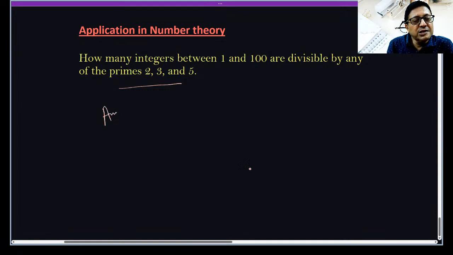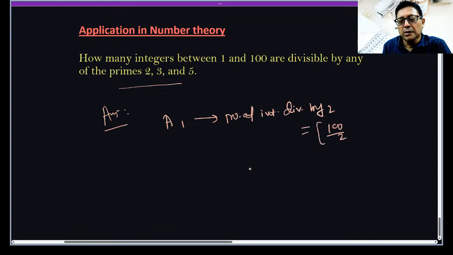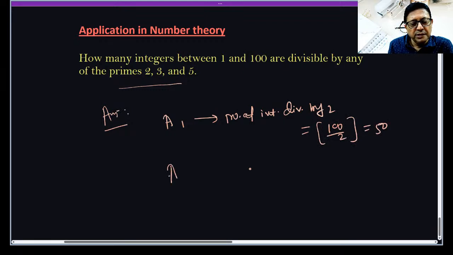So let us answer in this manner by using PIE. So you find A1. A1 is the case where the number of integers divisible by 2. This is 50. A2 stands for what?